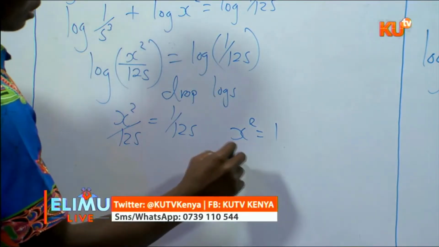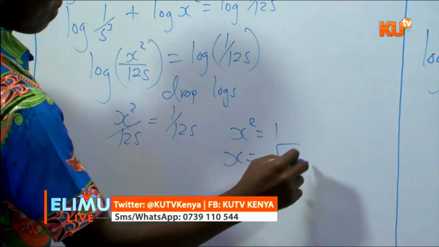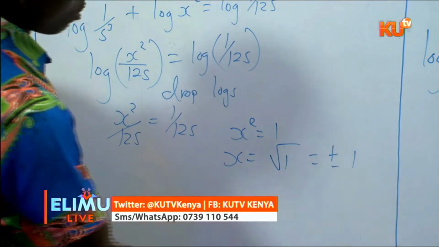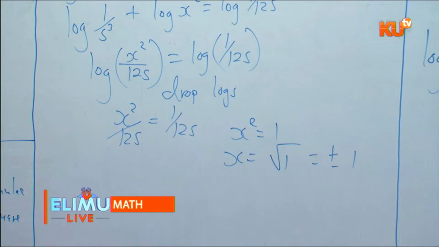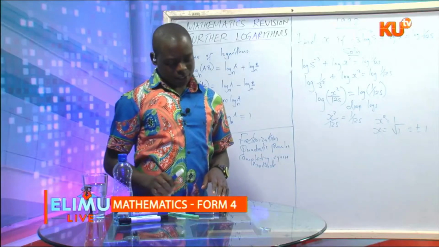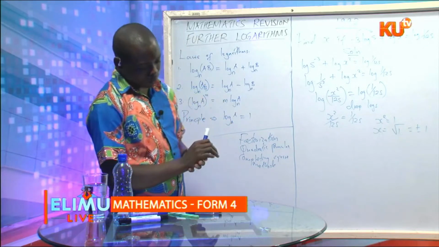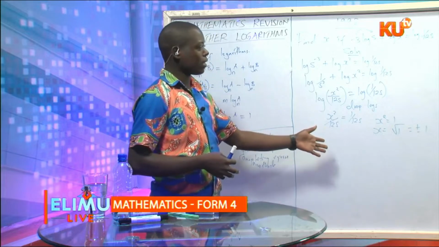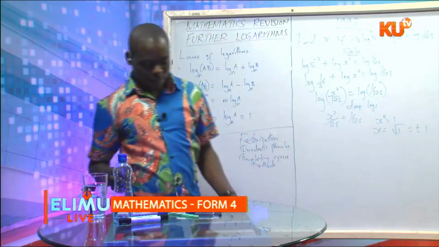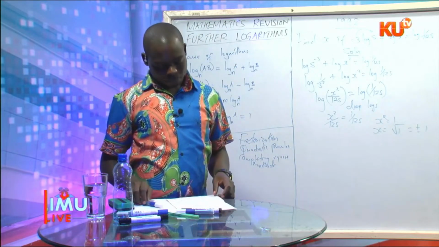So to get x, that is the square root of 1. And so we shall have plus or minus 1 as our solution for x. So that is the solution in 1998 to give you 4 marks. As short as it is, 4 marks. That is how easy mathematics is.